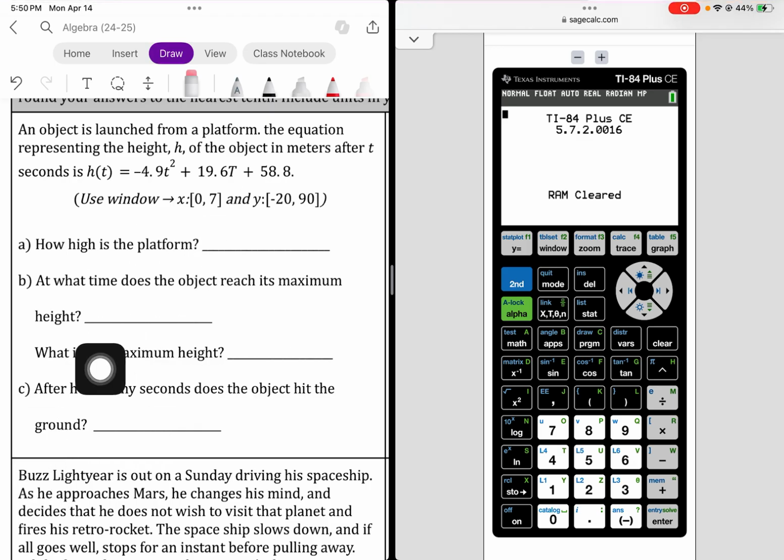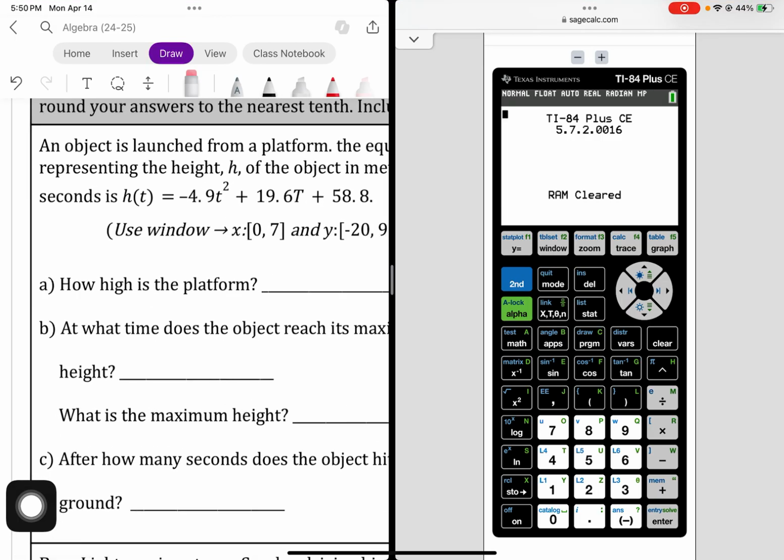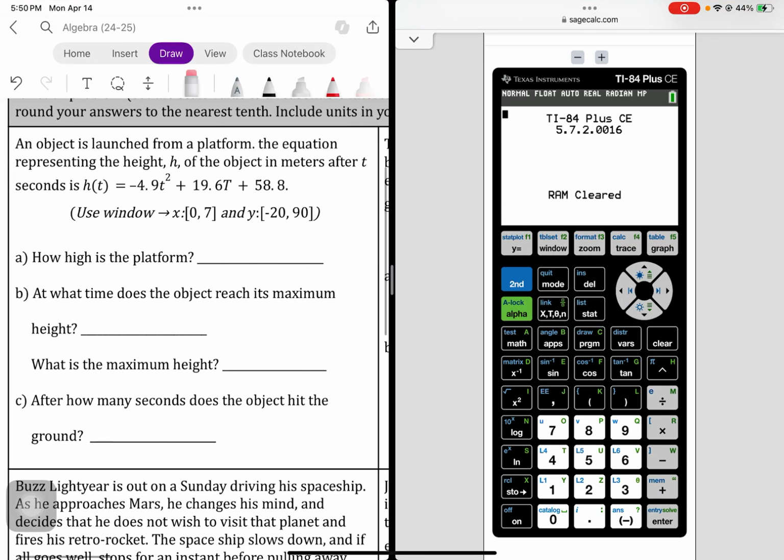Before we can start anything, we need to know what our x and our y values represent. When we're talking about launching an object, it's saying the height, h, in t seconds. Notice how they wrote h of t. This is exactly like our equations where we write f of x or g of x. So we know that h is going to be our y value.